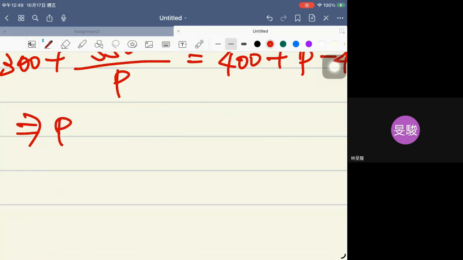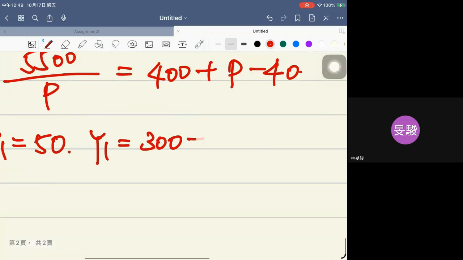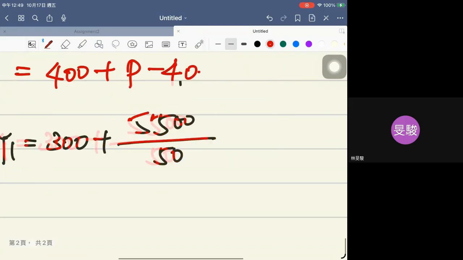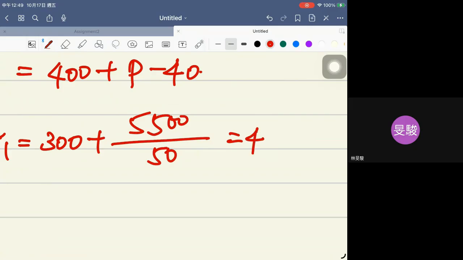Okay, and we get the final price level P1 equal to 50, and Y1 equals 300 plus 5,500 over 50, and this is 410.